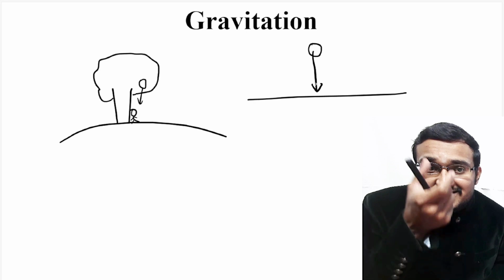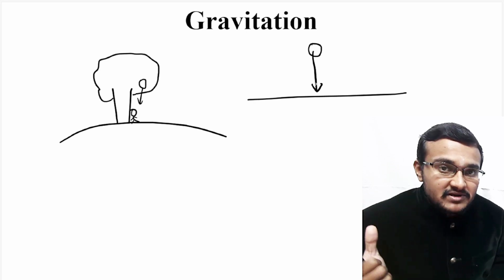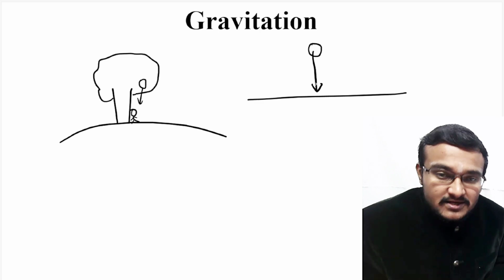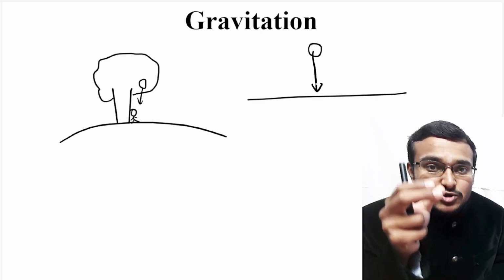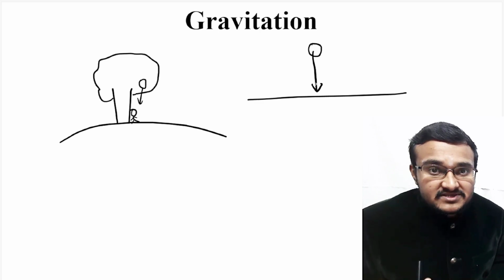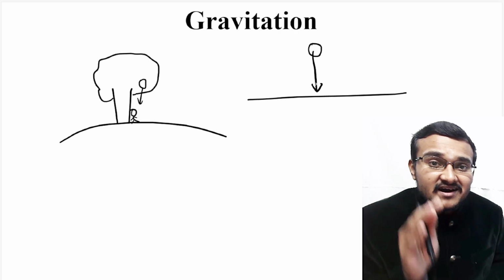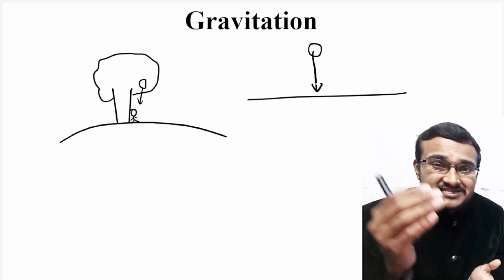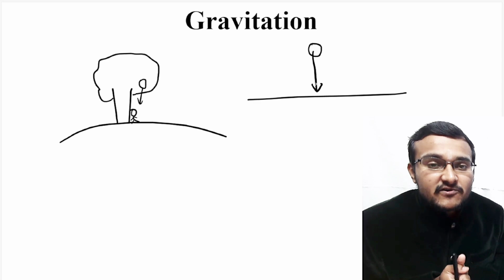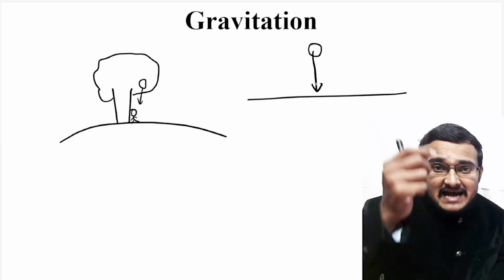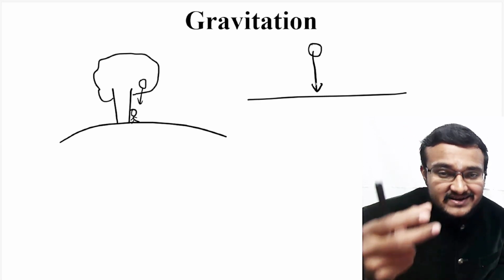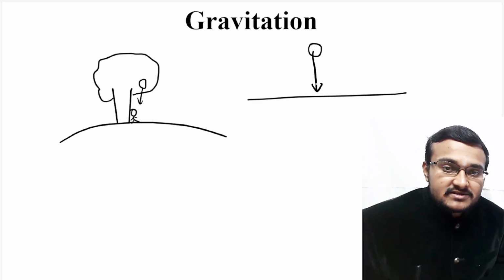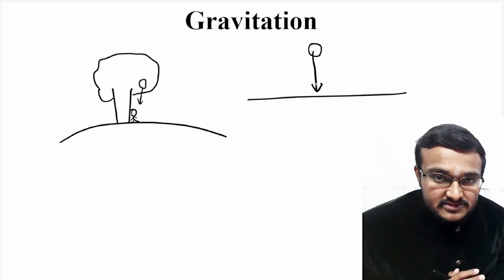That means earth is pulling this apple. Once the apple is detached from the tree, earth pulls it towards its surface. Basically, earth's gravitational force is always directed towards the center of the earth. So the apple was directly attracted by the earth and fell down onto the earth. This is one thing Newton observed.